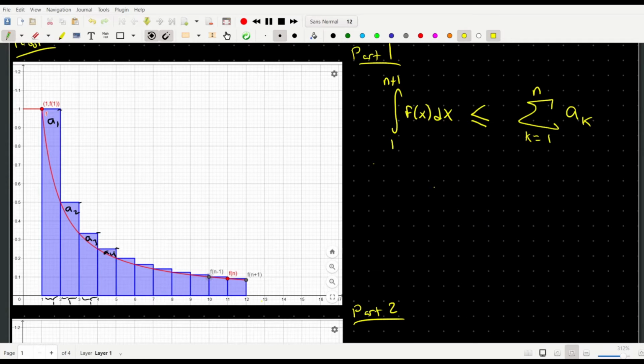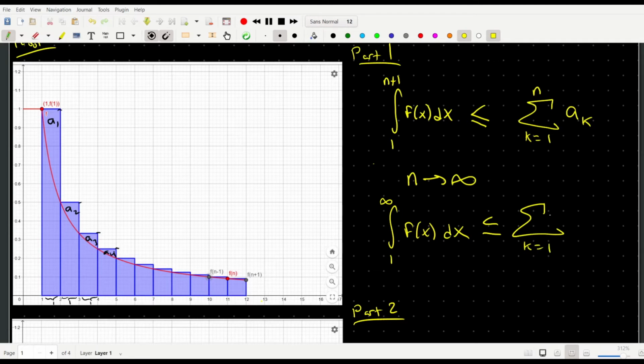And all we need to do is take the limit as n goes to infinity to get that the improper integral from 1 to infinity of the function f of x dx will always be less than or equal to the infinite sum from k equals 1 to infinity of the terms ak. So just imagine this n right here going to positive infinity.